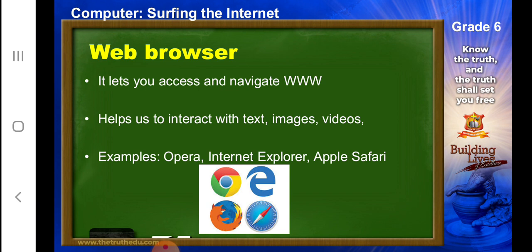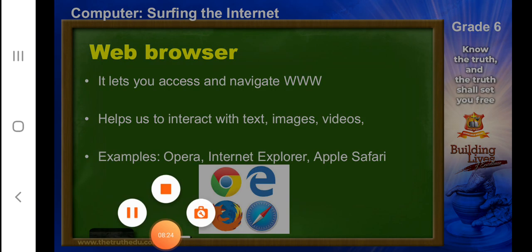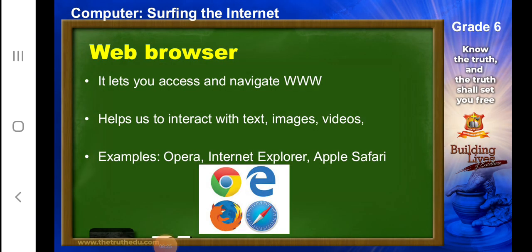Now, what are the examples of these? The examples are Internet Explorer, which is a very popular browser. The second most popular browser is Google Chrome. Next is Mozilla Firefox, and then there are a lot of them. Then there are Apple Safari, then there is Opera, and then UC Browser.